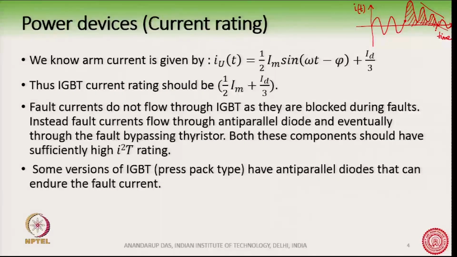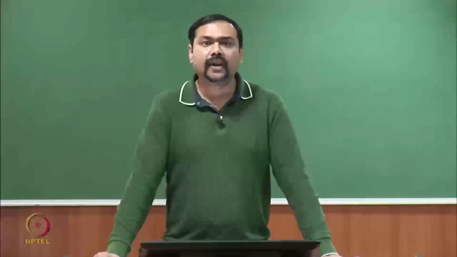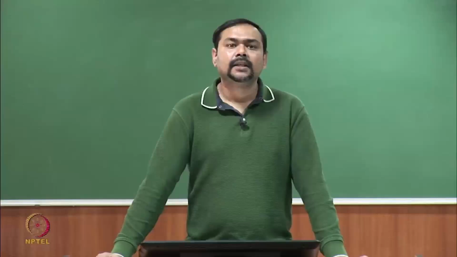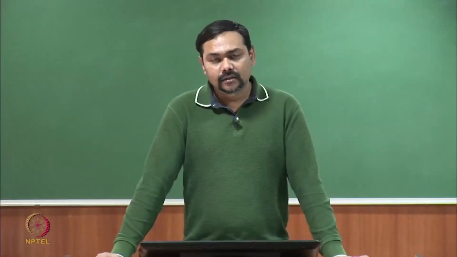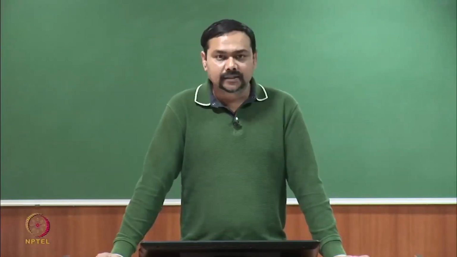And the entire I square t during this time means the current is flowing through these diodes and thyristors, and they must be rated to sustain the I square t during this time. Usually diodes of rectifier class and thyristors are normally designed to handle this.